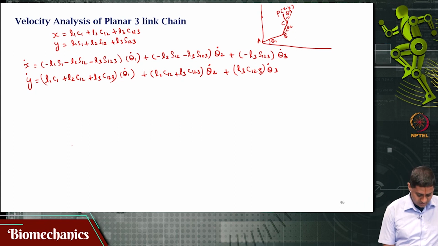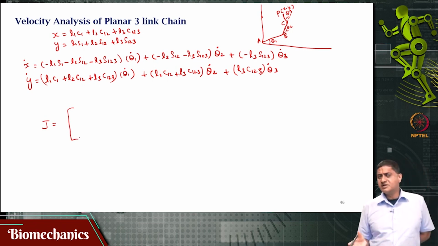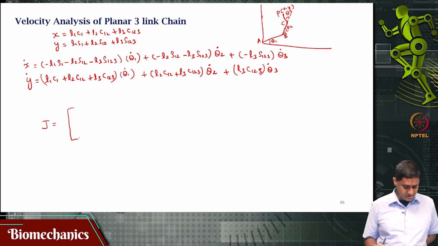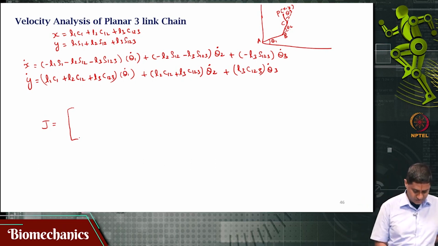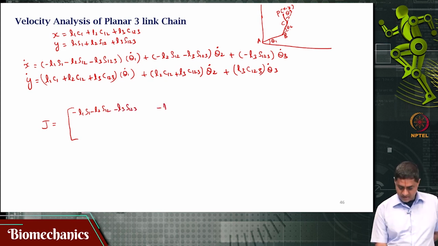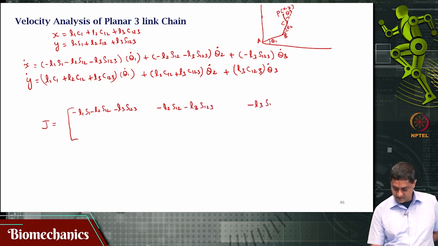So, let us write out the Jacobian in this case. Will it be a square matrix? The answer is no, because there will be 3 columns and 2 rows. The first row is minus L1S1 minus L2S12 minus L3S123, minus L2S12 minus L3S123, minus L3S123.